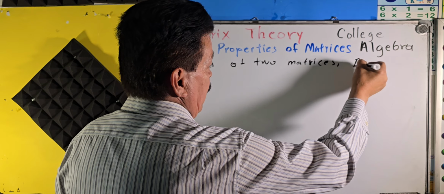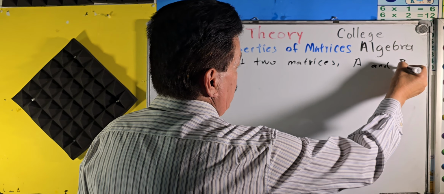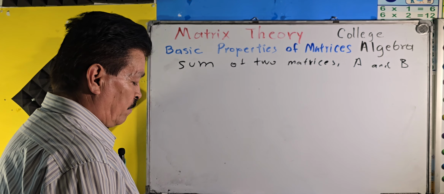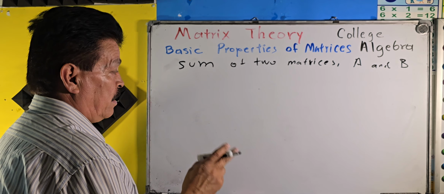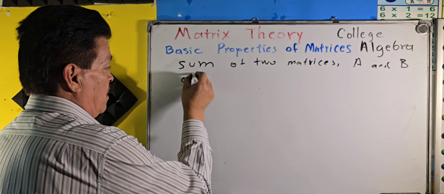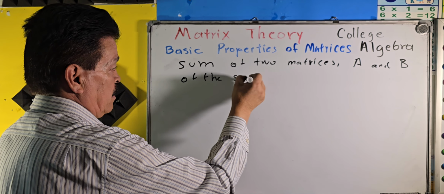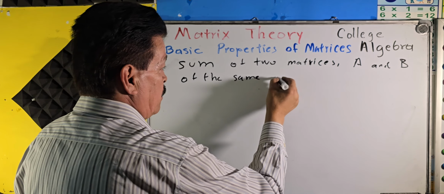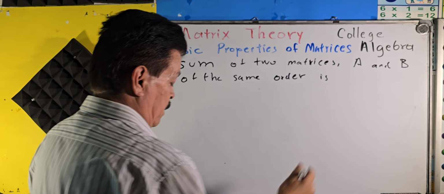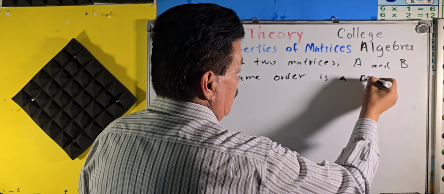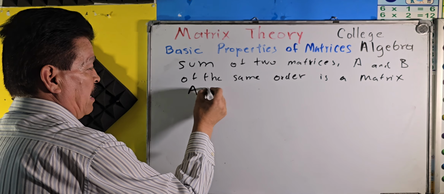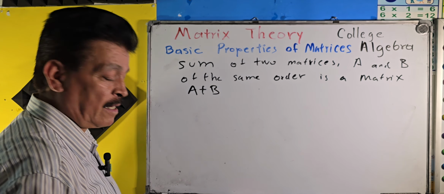For instance, A and B. We need to know some rules. A and B of the same order: there is a matrix A plus B, right?